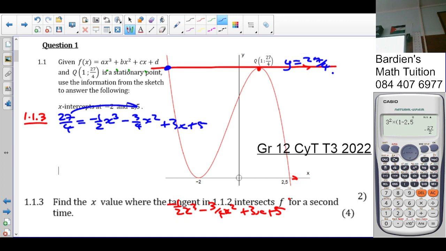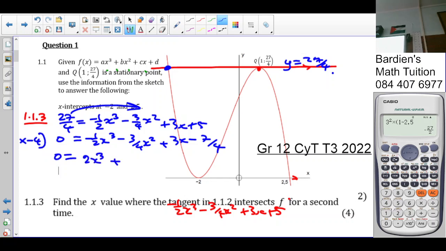Alright, so we take that over the equal sign, so 0 is equal to negative x cubed minus 3/4x squared plus 3x minus 7/4. And we multiply throughout by -4. So 0 is equal to 2x cubed plus 3x squared minus 12x plus 7.